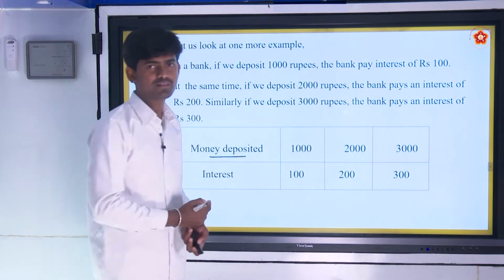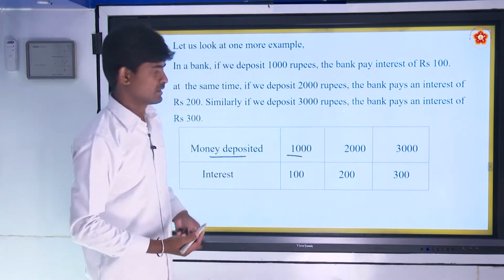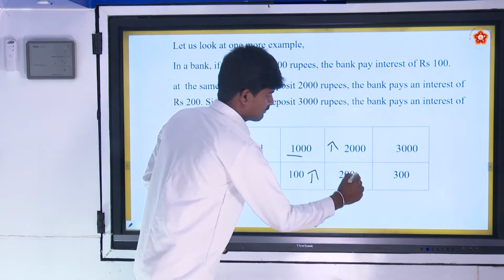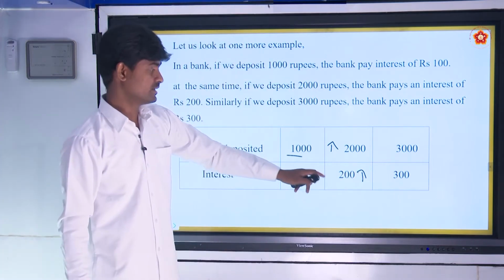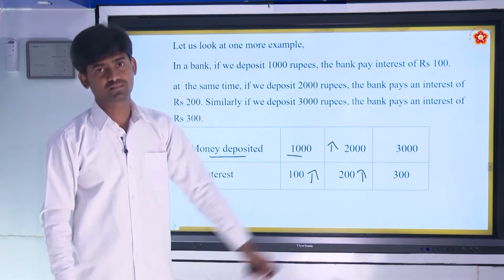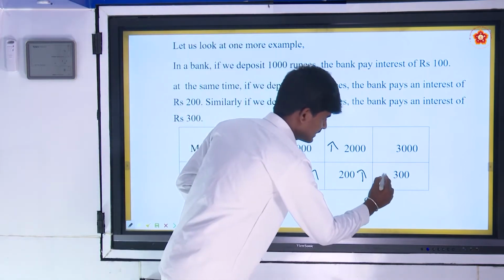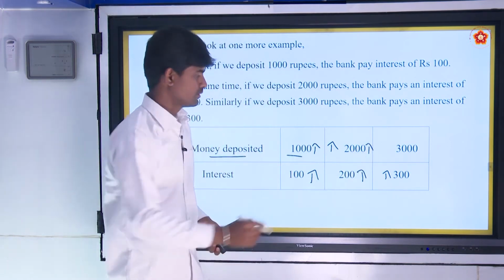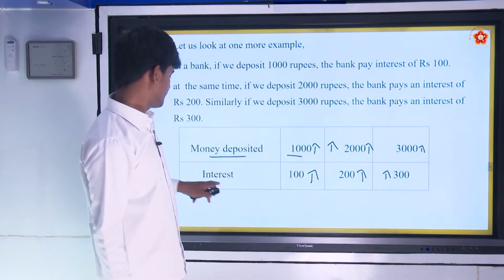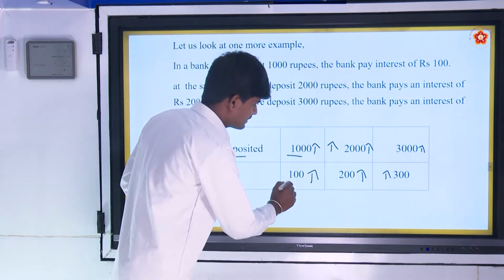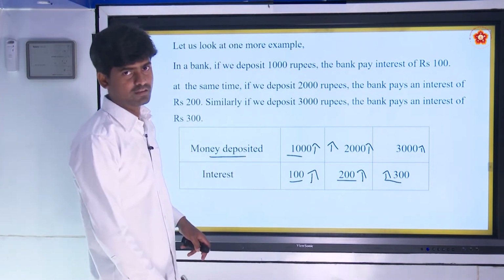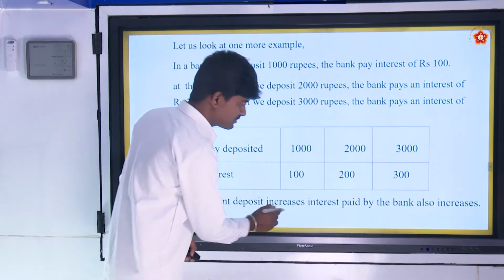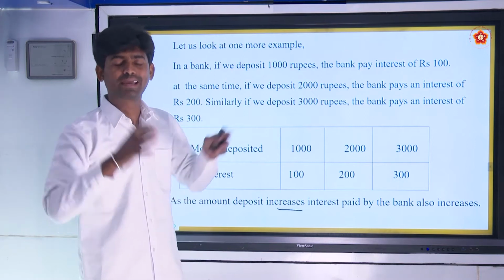Money deposited 1000 rupees, interest 100 rupees; 2000 rupees, interest 200; 3000 rupees, interest 300. See, here too, as the money deposited increases, the interest paid by the bank also increases.